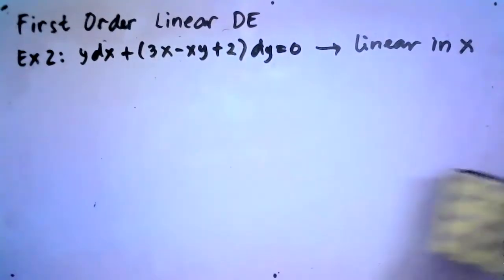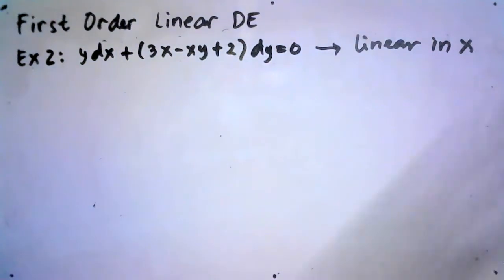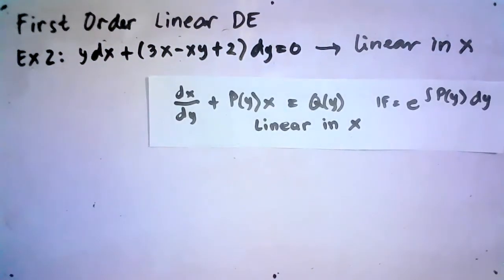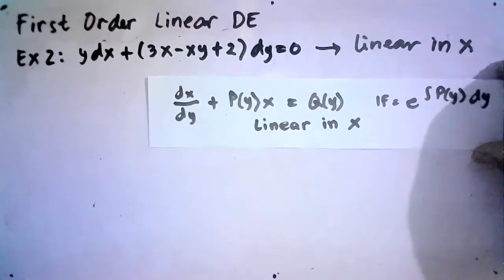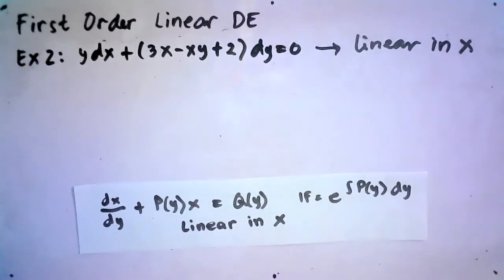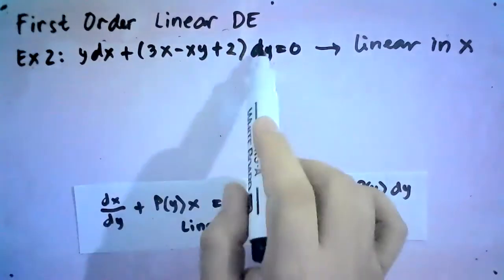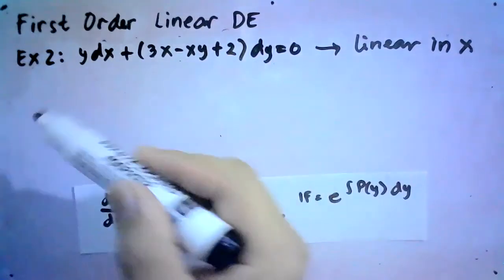Take note, for a linear in x equation, we have this formula. Thus, we have to rearrange this one by following this formula. So this is dx over dy. Therefore, we have to divide by dy.